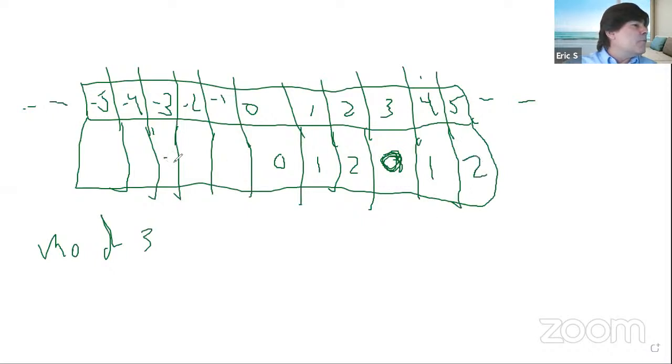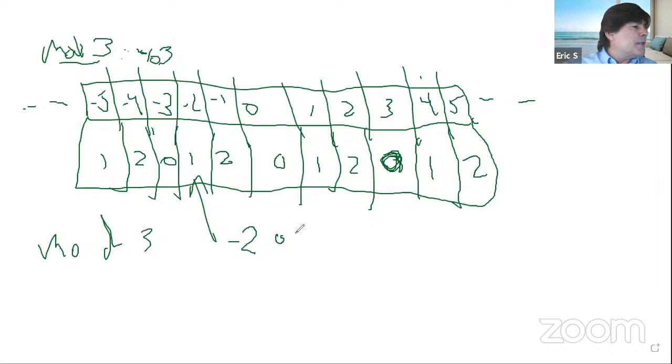But this forms a periodic sequence, and this is how the definition of the modulus works. If I attempt to compute, for instance, -2 mod 3, which in Python would translate into -2 percent 3, that will give you a value of 1.